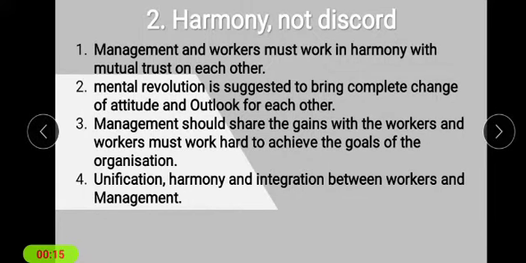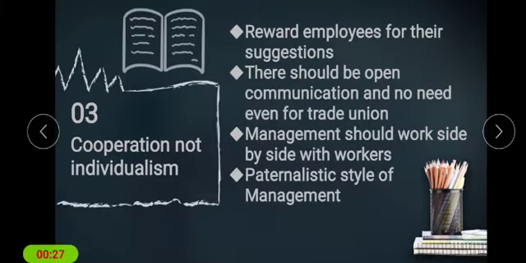In the second principle, we have seen that there must be harmony between management and workers. So it is based on a harmonious relationship between workers and management. And in the third principle, we will see that there must be cooperation between workers and management. Work must be carried out with full cooperation with each other, with mutual confidence and understanding for each other.